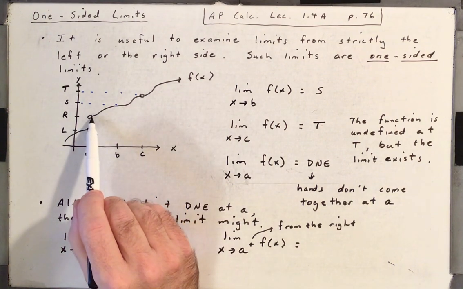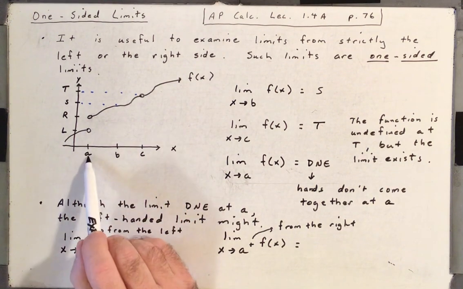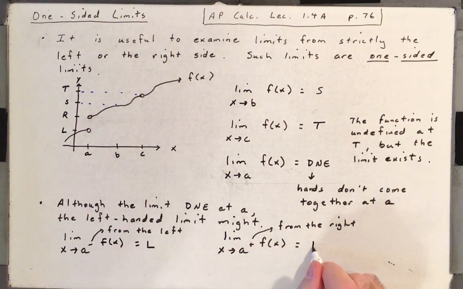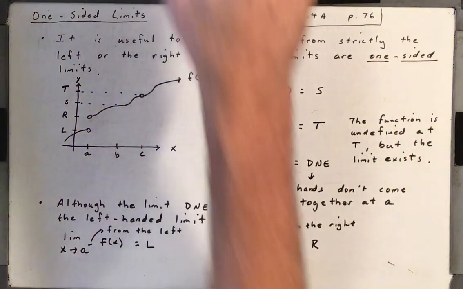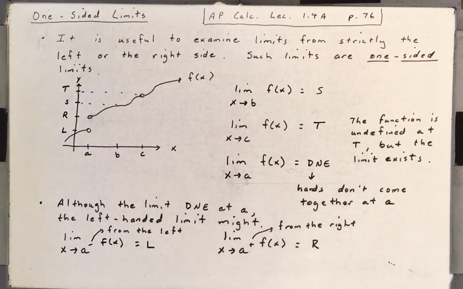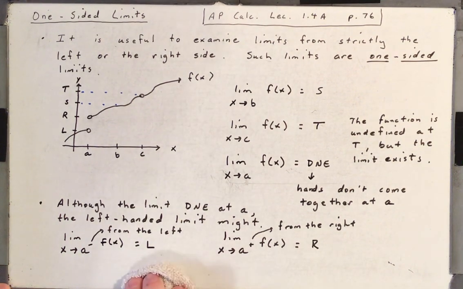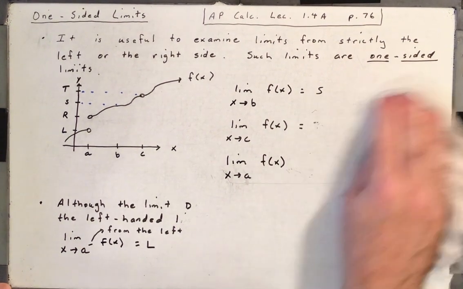The y value, if you're only coming from the right, at A is R. So yes, the limit doesn't exist at A, but if you take it from the left and from the right, you can get more information about the function. This is called the left-handed limit, and this is the right-handed limit. That's why we used L and R. I've run out of space, so we'll erase and move on.